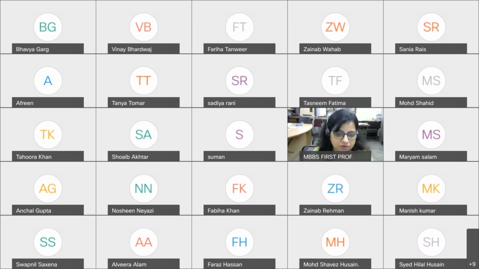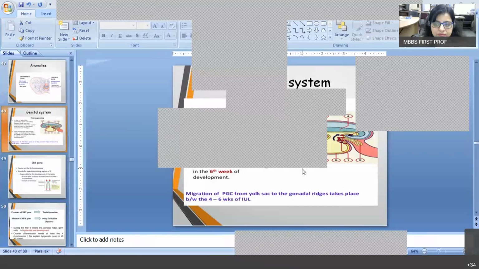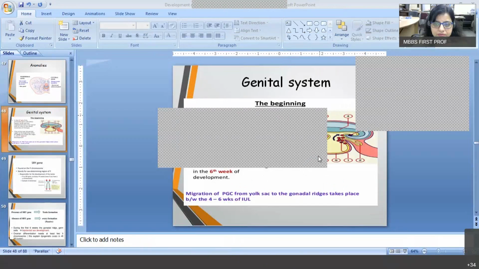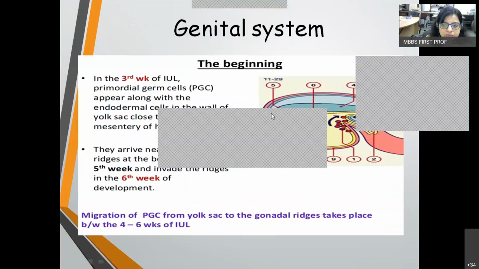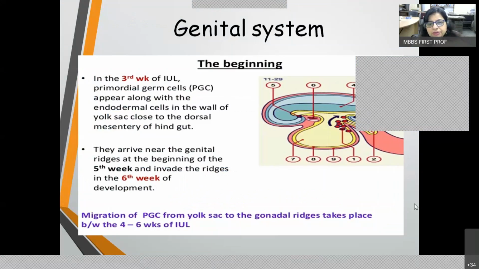But this response is not good. Are you able to see the screen? Okay.